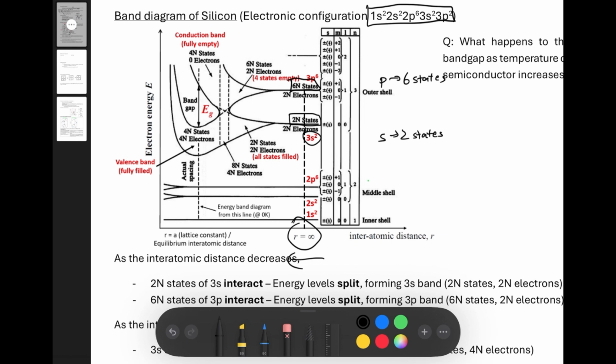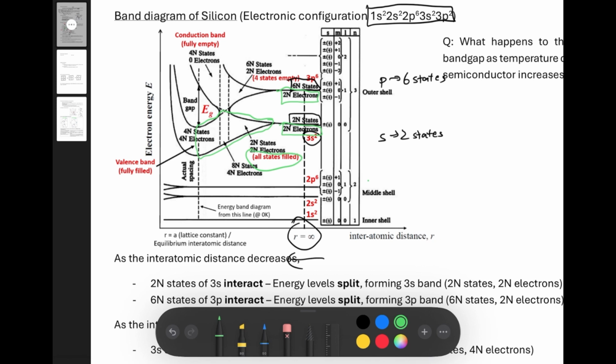For silicon, there are 2N electrons in the s band and only 2N electrons in the p band. As the 2N states of 3s interact, they form a 3s band. The energy levels split, as you can see, and this is the 3s band, as I've circled in green. Because there are only 2N states and there are 2N electrons, all states are filled.